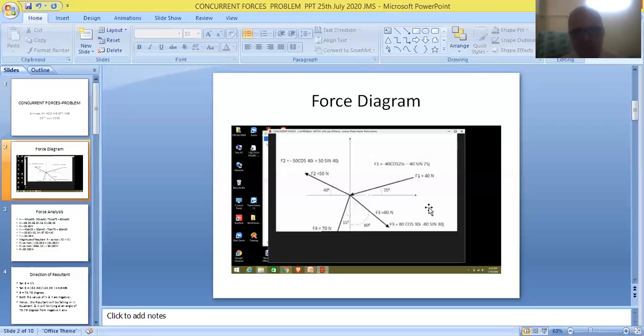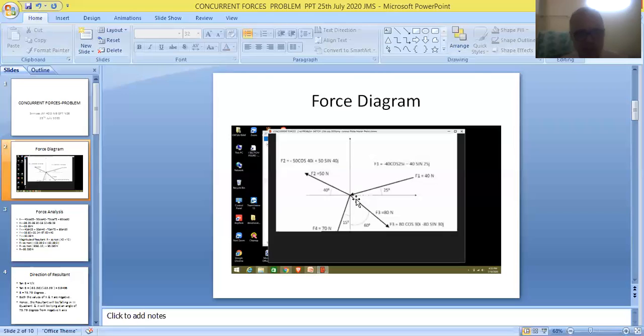And finally, friends, allocation of symbols is very important. So whenever a horizontal component is acting in forward direction, positive symbol must be allocated for that component. And if it is acting in a reverse direction, negative symbol must be allocated for that component. And similarly, coming to Y components, if it is shown in upward direction, we have to allocate positive symbol.